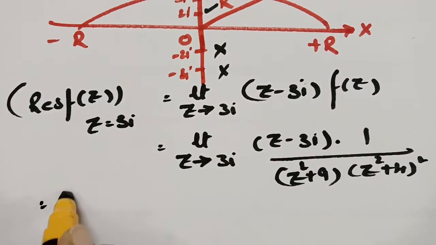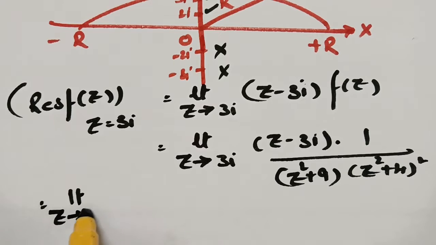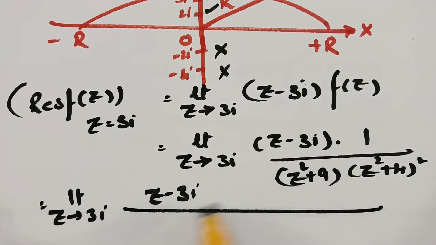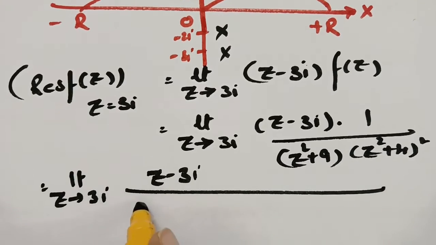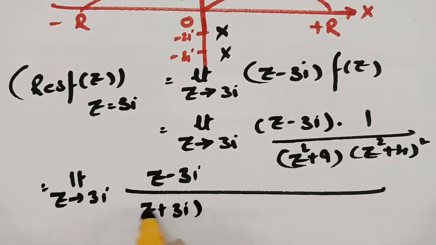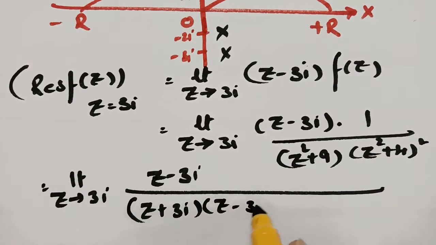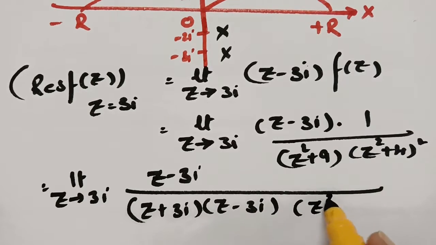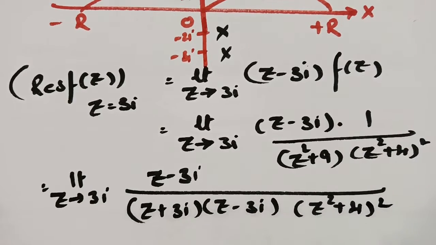So first of all, this will be limit z tends to 3i of (z - 3i) by, so this can be split into (z + 3i) times (z - 3i) times (z² + 4) whole square.